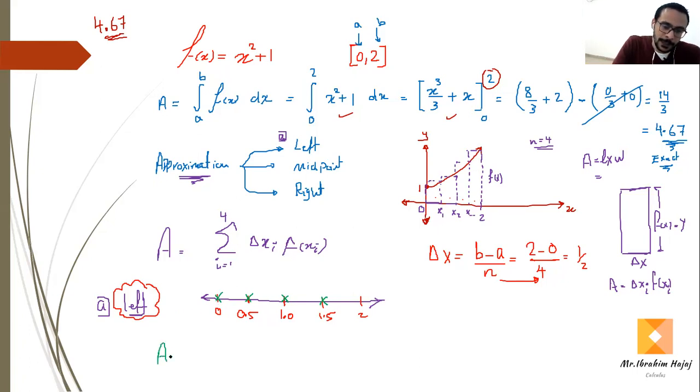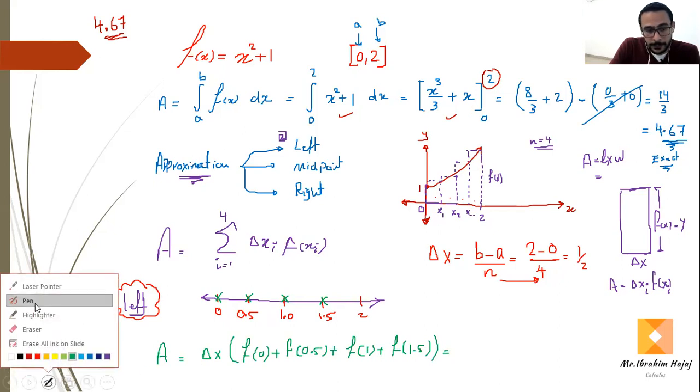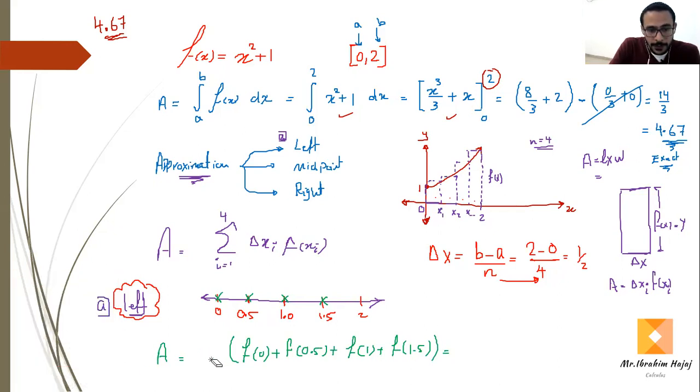And simply my area equals delta x multiplied by f of 0 plus f of 0.5 plus f of 1 plus f of 1.5. This is the approximation using the leftmost points.